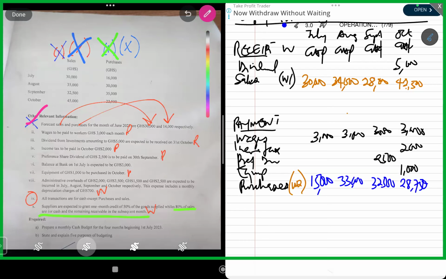Yes, we wrote it. Check your work. 5,000 dividends, oh yes, we've written it. Income tax, we've written it. Preference share dividend, we've written it. We didn't do the bank one.